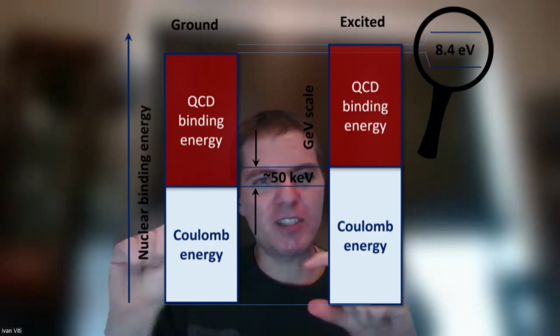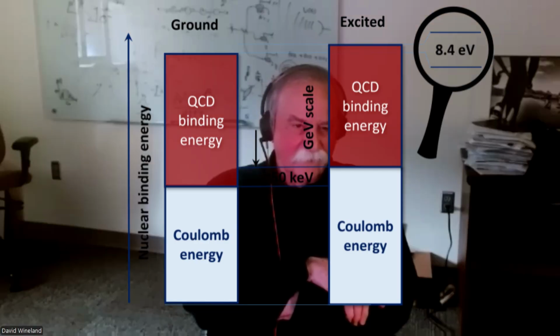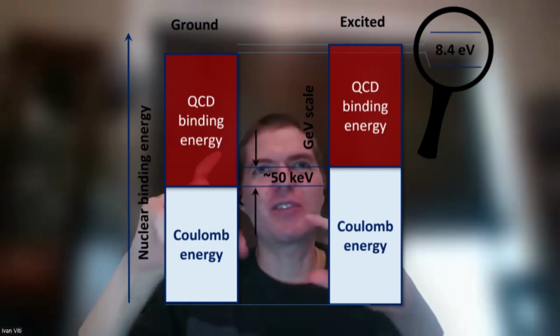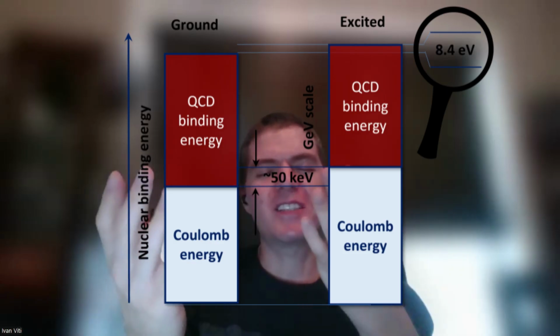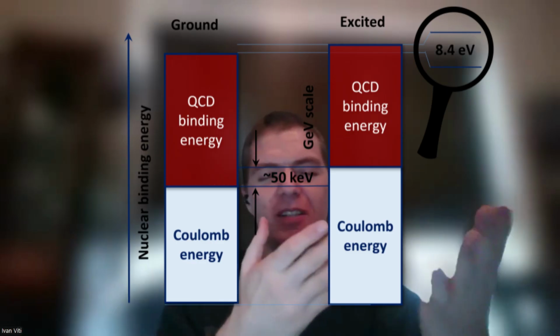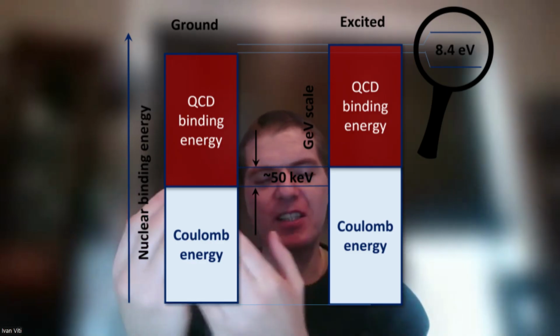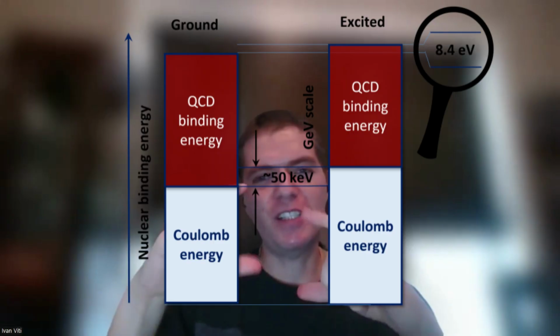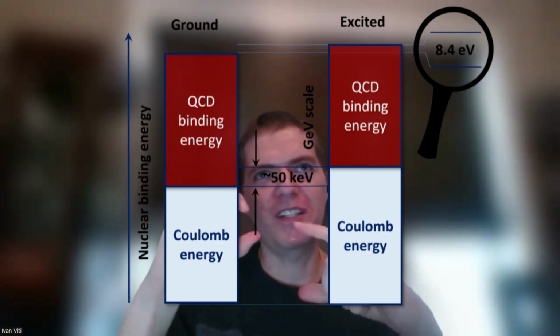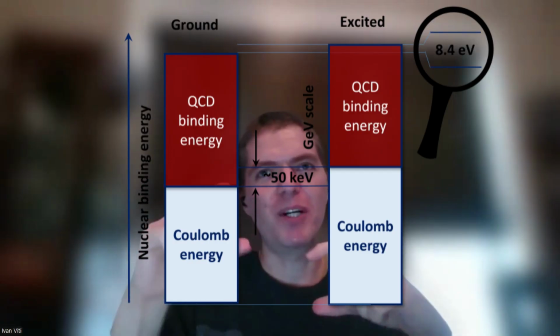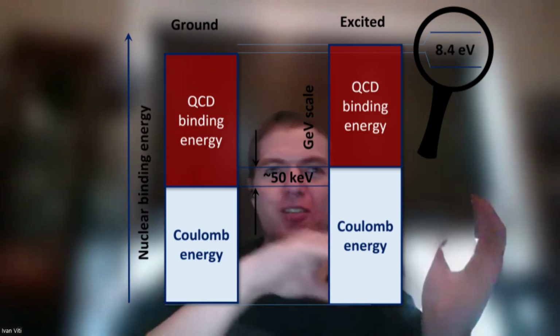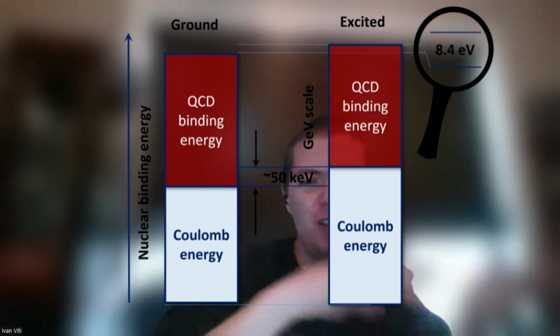What I liked about his talk is he explained how the amount of energy difference between two states is very small, but how the energy gets there is like 10 orders of magnitude bigger. Basically there's an interplay between the Coulomb forces and the nuclear forces, and the amount of change in energy is about 10 times bigger than what's actually emitted in the nuclear clock, but it's just going between the Coulomb and the nuclear force.